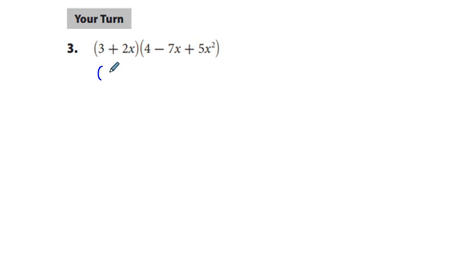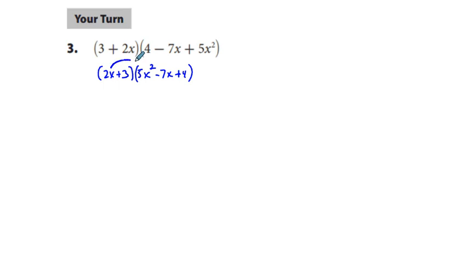It's 3 plus 2x, which I'm going to rewrite as 2x plus 3, times the quantity 5x squared minus 7x plus 4. Now, you don't have to rewrite these in standard form before multiplying them together, but I find that it's helpful in that you're going to get an answer that is more ready to simplify.